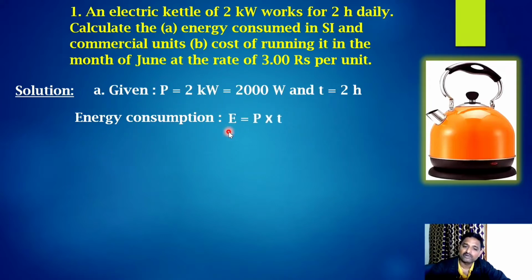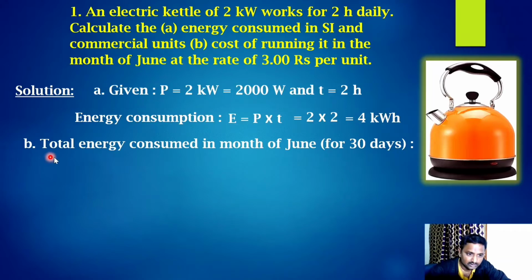We have the formula for energy consumption, that is E is equal to power into time. In the place of power I substituted 2 kilowatt, and in the place of time I substituted 2 hours. So if I multiply, then I got 4 kilowatt hour.